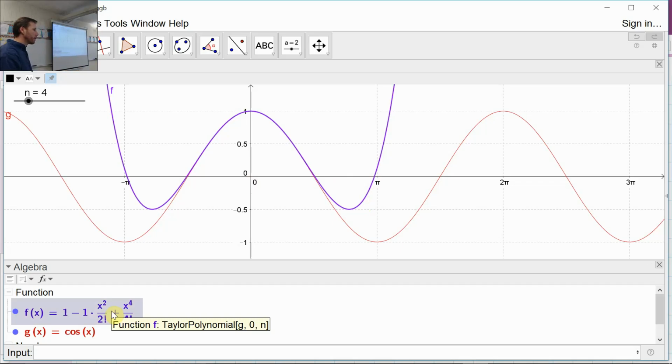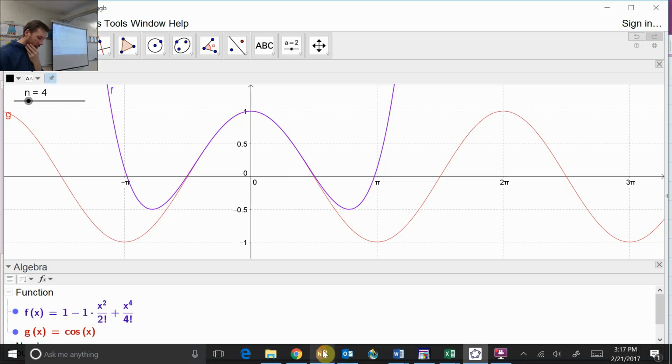Pi, or in fact, negative pi, either of those, they're going to be equally bad, by the way, because of the symmetry here. If you're going to make a guarantee to me that that polynomial is good within a certain range, you would want to think about where it's the worst. It's definitely going to be the worst at pi.